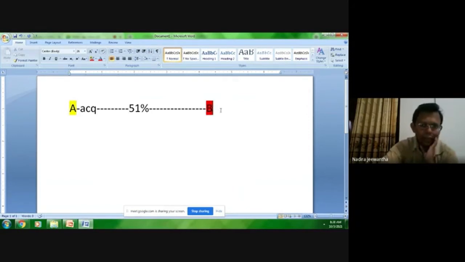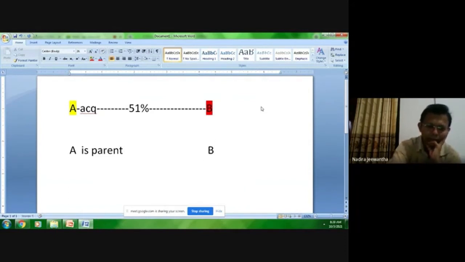So what does B become in this case? A is the parent, B is the subsidiary.